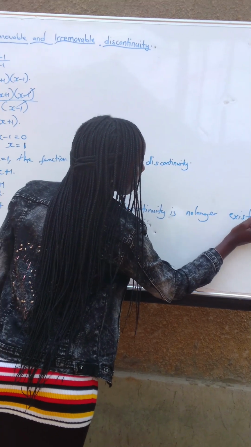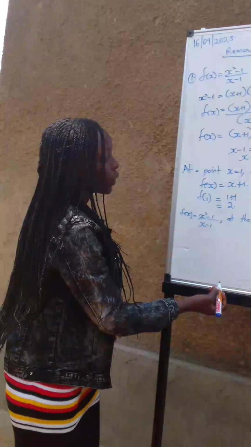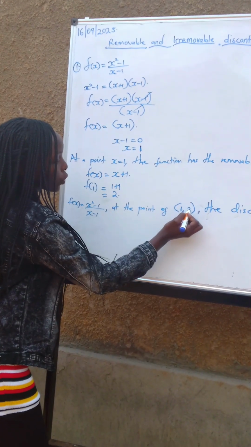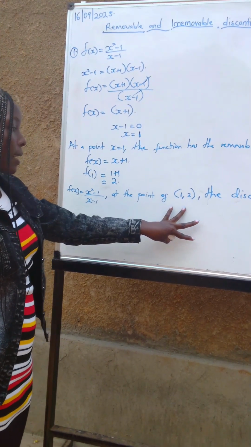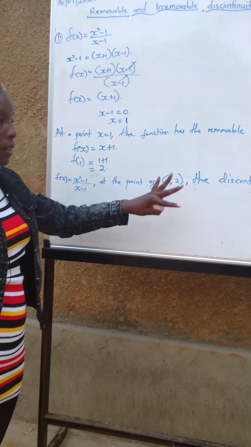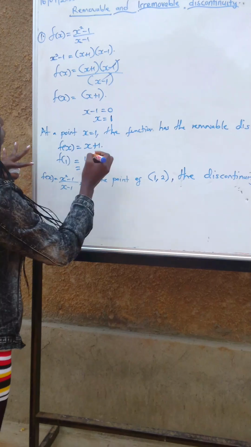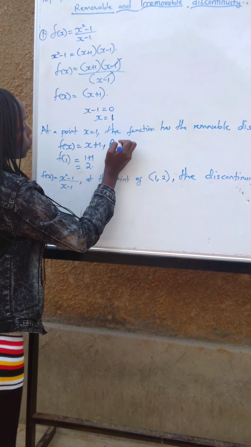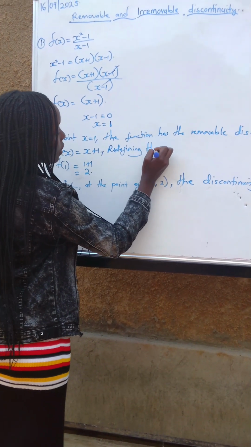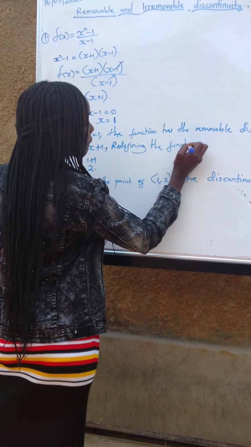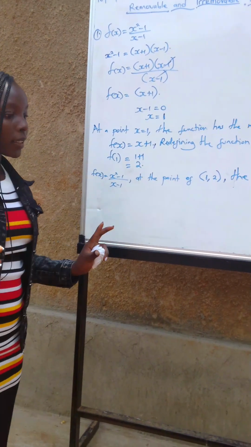At that point, (1, 2), the discontinuity no longer exists, and here it will fall in the continuous function. And here we can see redefining the function. That's our example number 1.